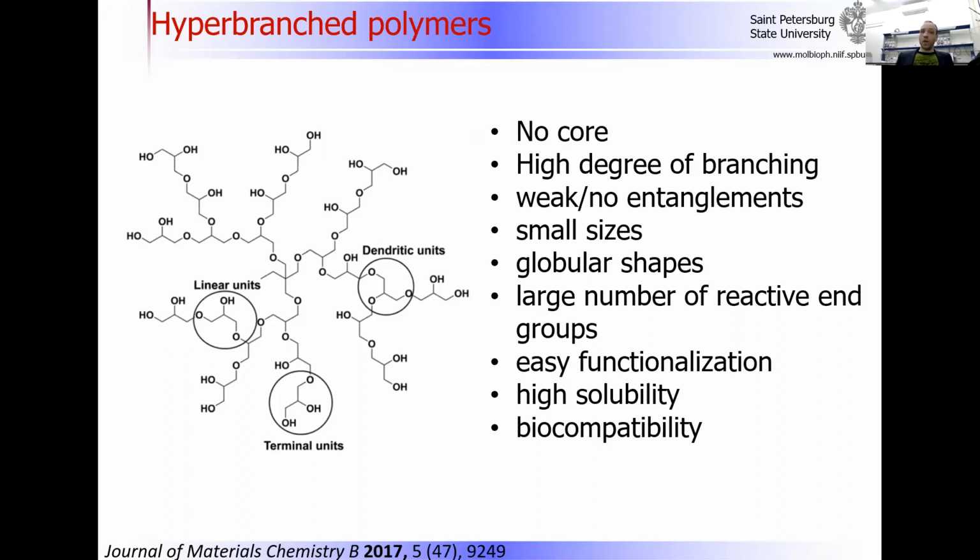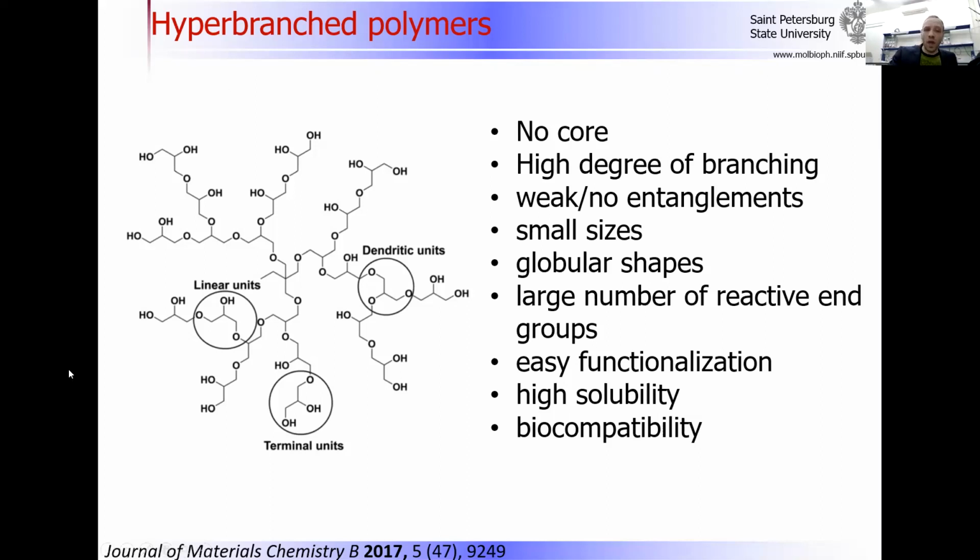However, in comparison to dendrimers, the hyperbranched macromolecules still show very compact globular-like shapes in solution, small hydrodynamic sizes, and large numbers of functionalizable end groups.